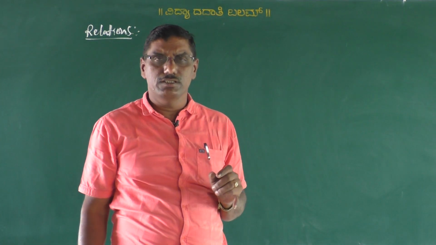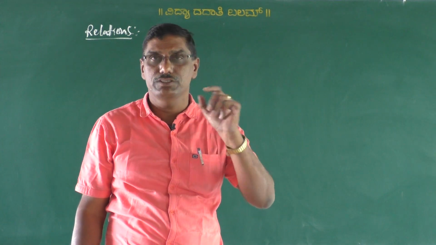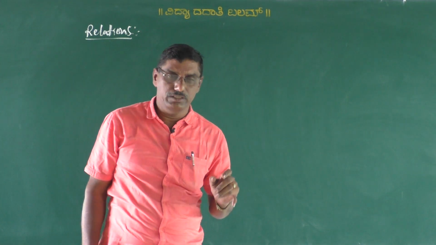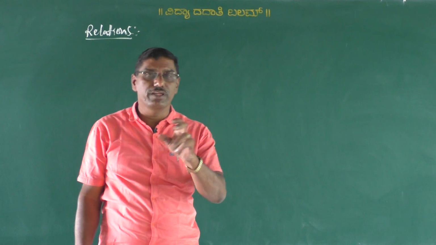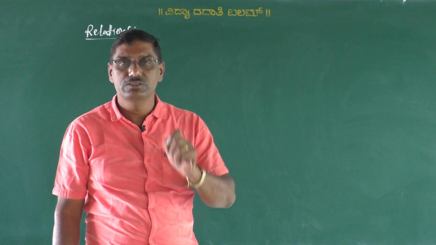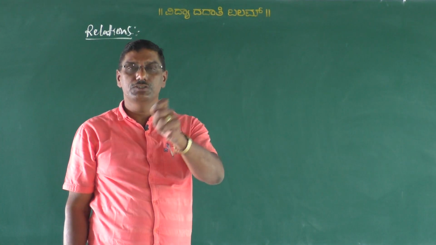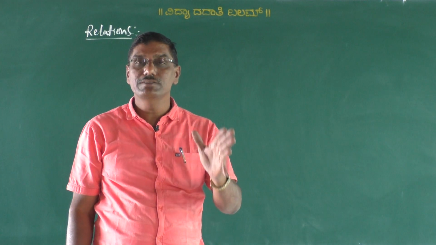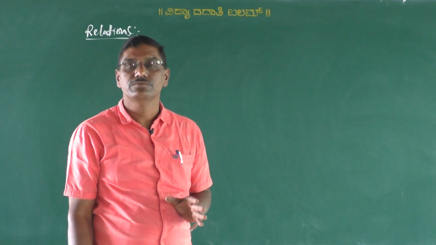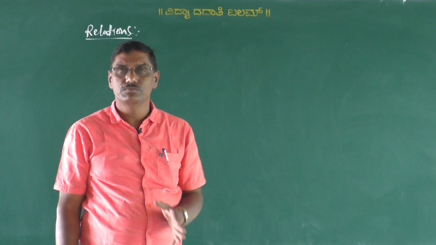In the last class, I gave a number of examples to form a relation. That is like the relationship between doctor and patients, teacher and student, parents and child, police and thief, and so on.